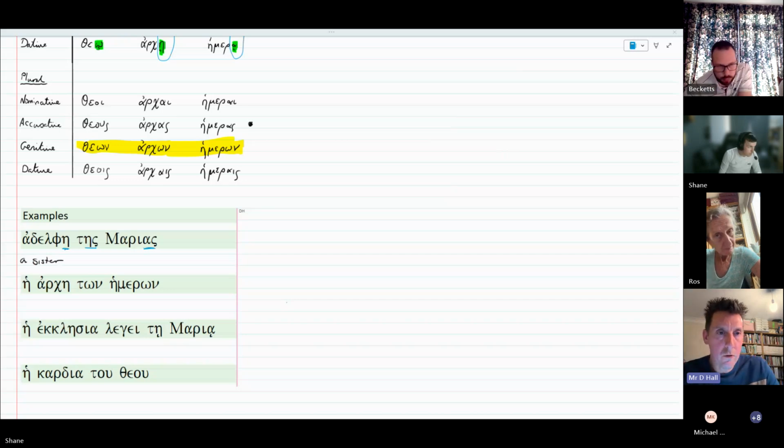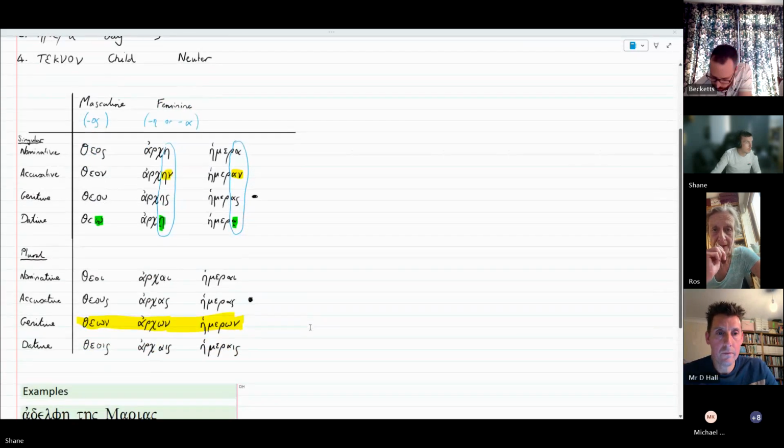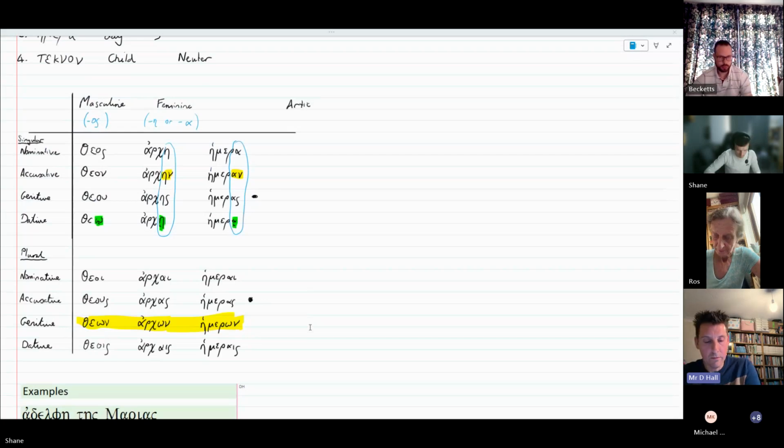So if you can just scroll back up a little bit to look at the chart, please, Shane. Right, so I'll just do the article for you because we need to just refer to that as well. So the, if it's going to be associated with a feminine noun, needs to agree with it, just like the masculine nouns needed to. So we're going to need a new set of articles that agree for our feminine nouns.